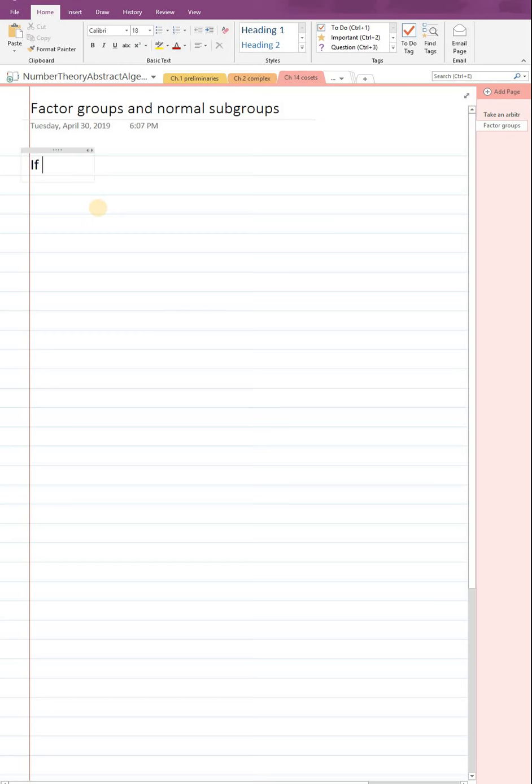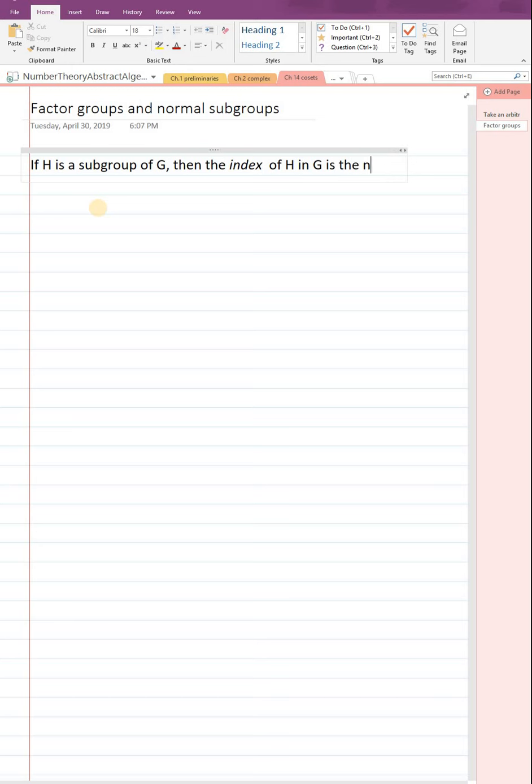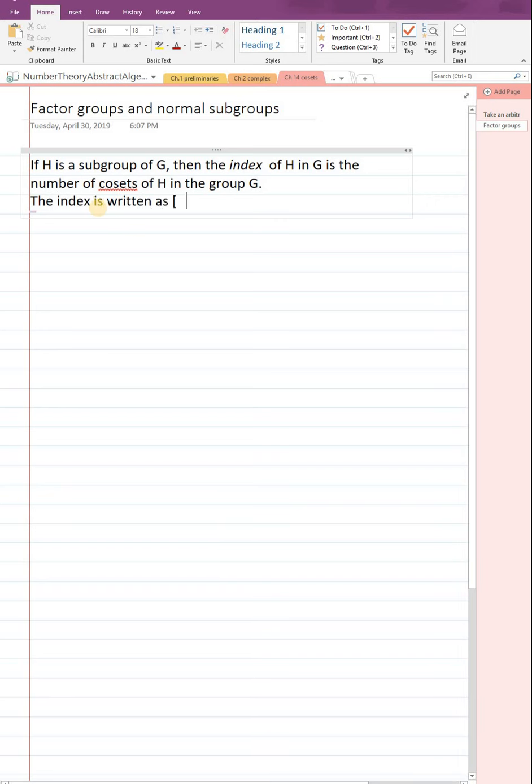So if H is a subgroup of G, the index of H in G is the number of cosets of H in the group G. The index is written this way, G colon H. I think it's G colon H. It might be H colon G, but I think it's G colon H.